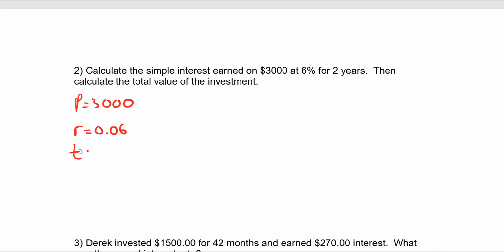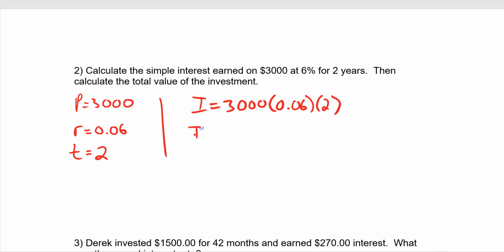And T is our time in years, which is 2. So I can calculate the amount of interest earned. So 3,000 times 0.06 times 2. And this will give me $360.